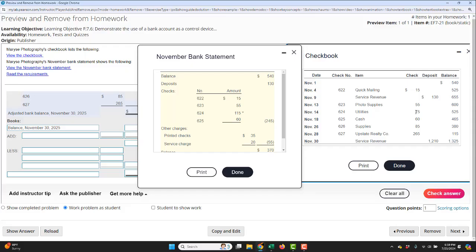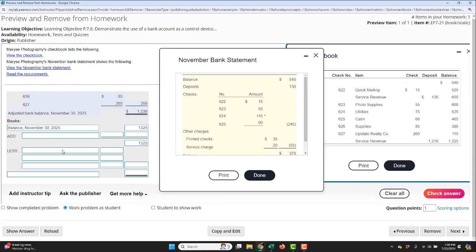If we had put this check at $115 as it should be, it would have reduced this balance of 625 by the difference, which is $40. So really, this 1,325 would also have been lower by $40. So we need to adjust that.